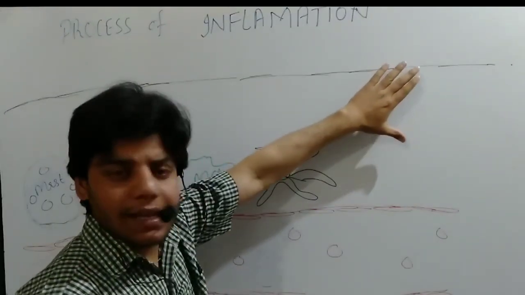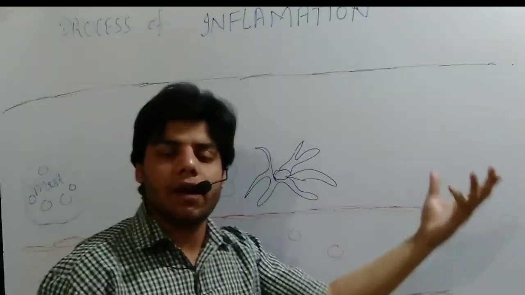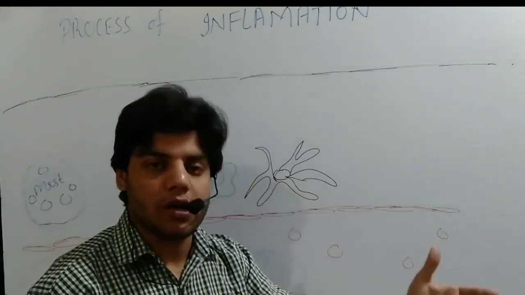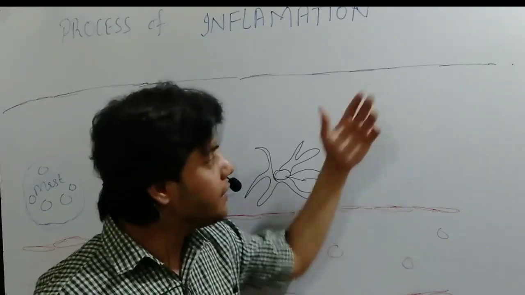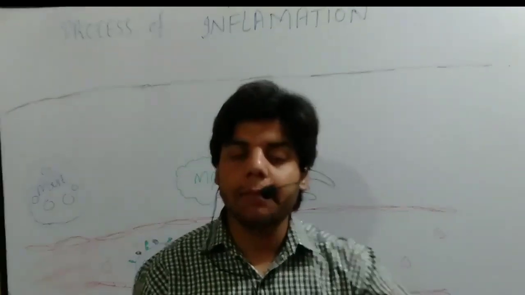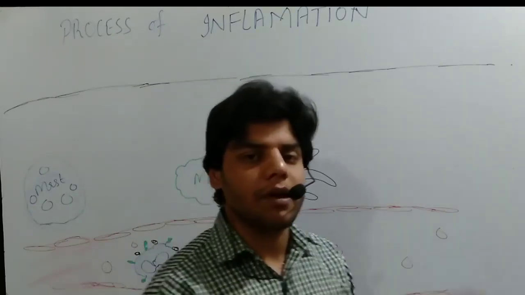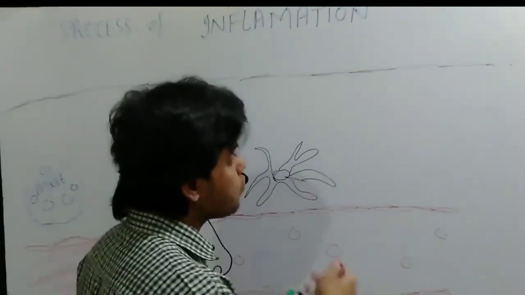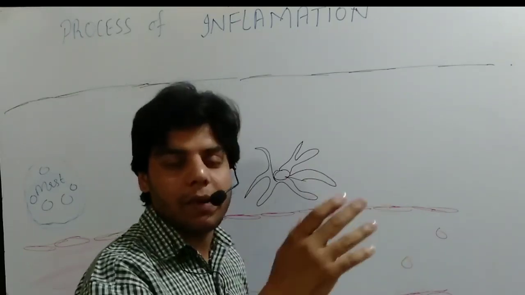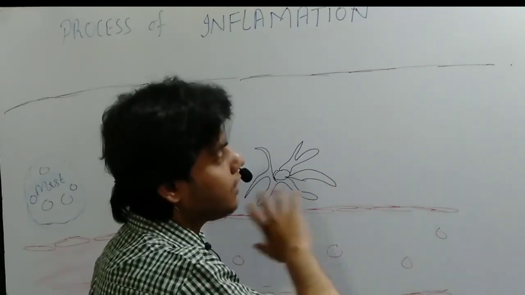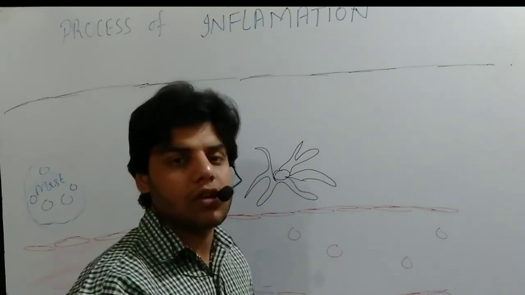Let's say this skin area, or this specific area of the body, becomes injured, or there is a wound. It can become injured through a splinter, a burn, or any other cause. Here I am drawing the splinter. Let's say this skin area is injured with the splinter.